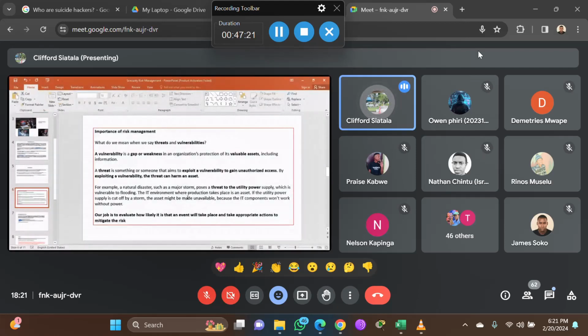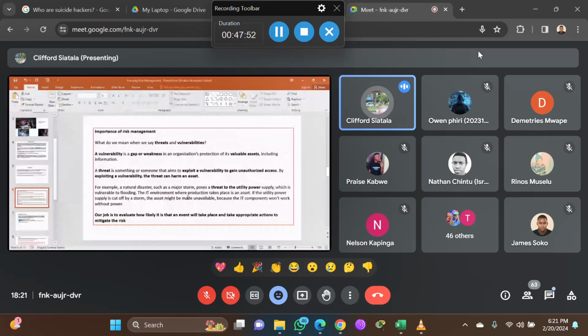Risk management starts also from here, from vulnerabilities and threats. After you do your assessment, what you come up with are weaknesses or gaps, or vulnerabilities. And then you also identify threats.